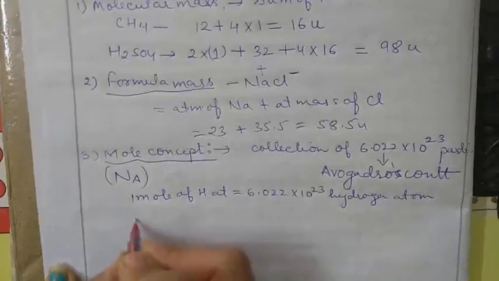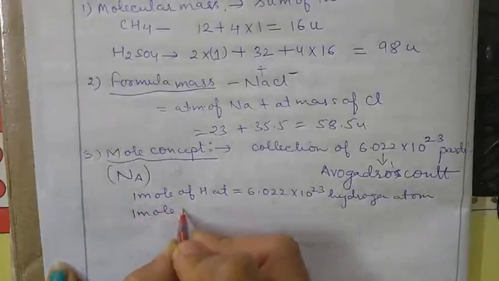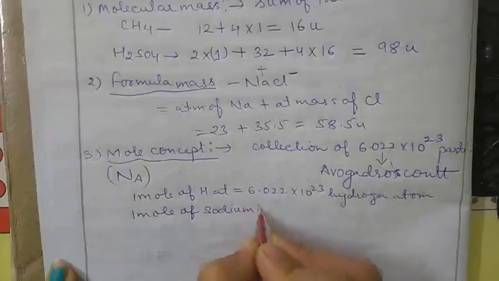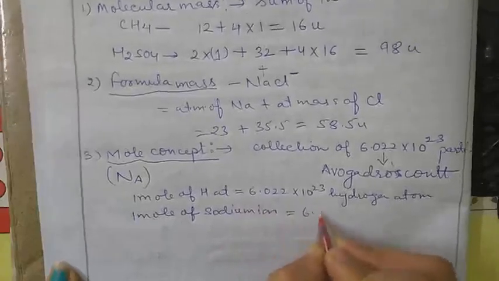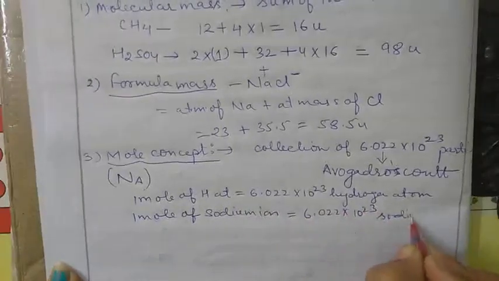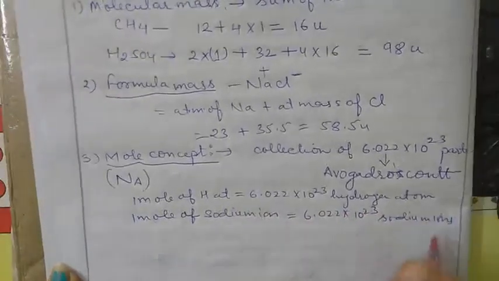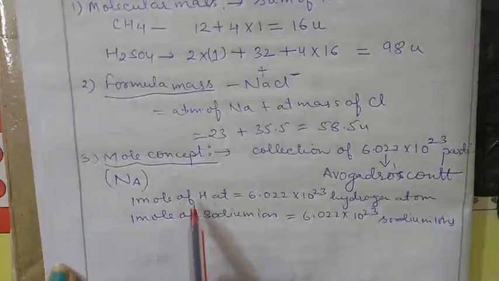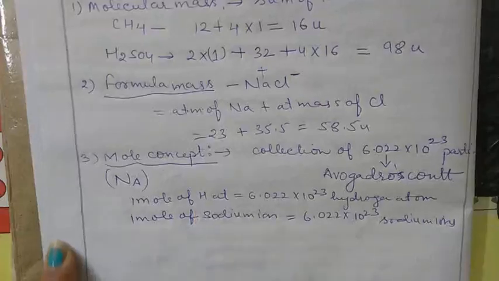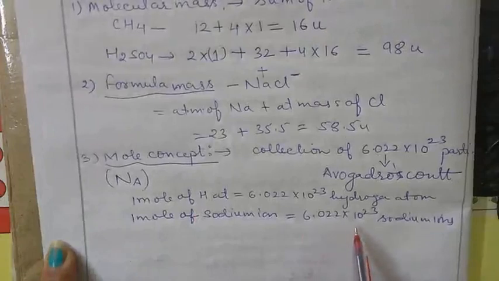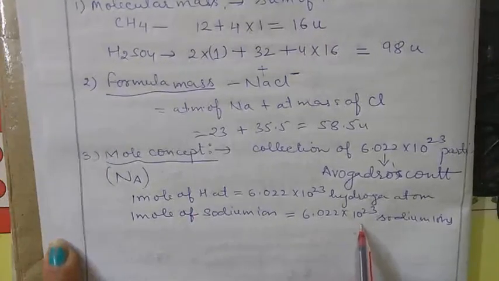And 1 mole of sodium ions is equal to 6.022 multiplied by 10 to the power 23 sodium ions. Clear? So the value of 1 mole of anything, it may be hydrogen, it may be sodium, it may be an electron, 1 mole of electrons, is 6.022 multiplied by 10 to the power 23. Clear?